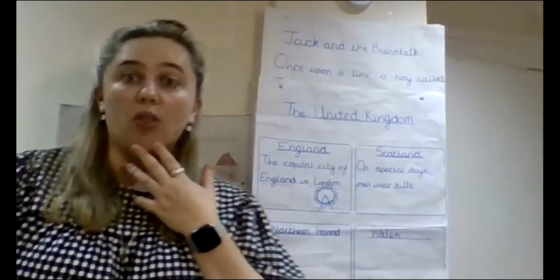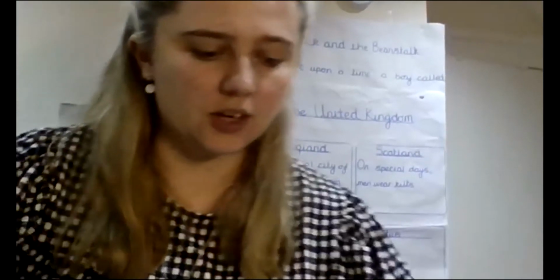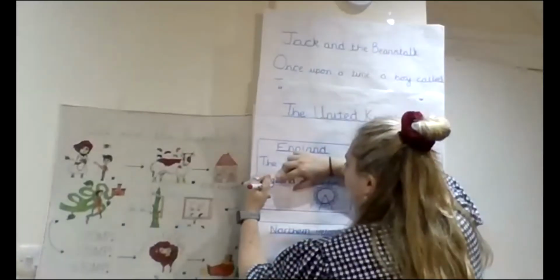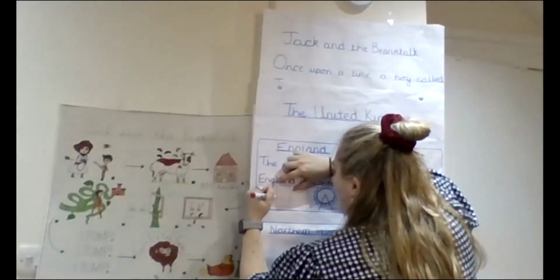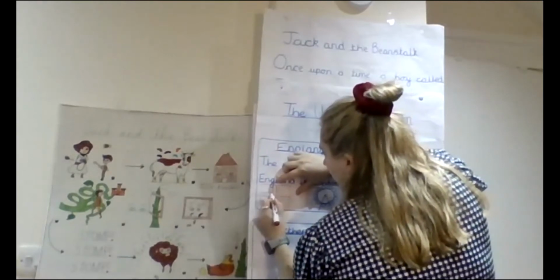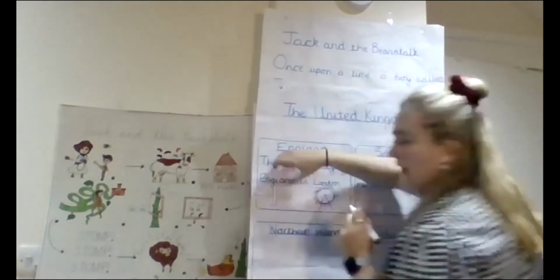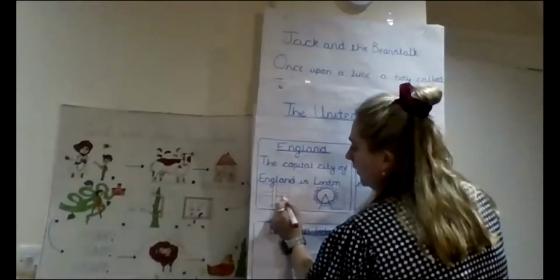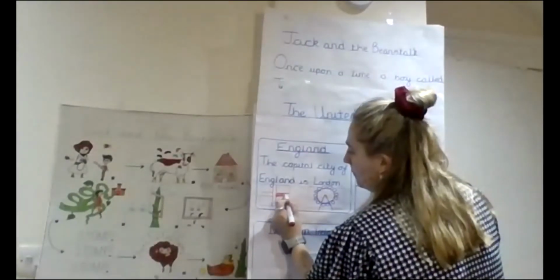I could maybe draw the flag. That's a good idea because I have red and I have white. And I know it's red and white, isn't it? So I could draw the flag and colour it in, couldn't I? Like that.